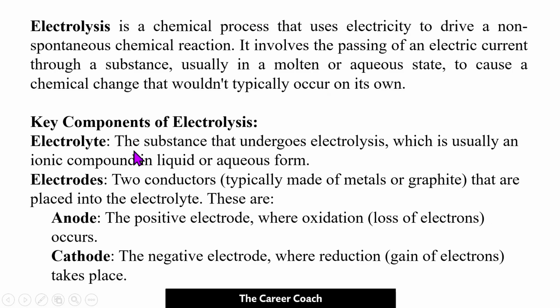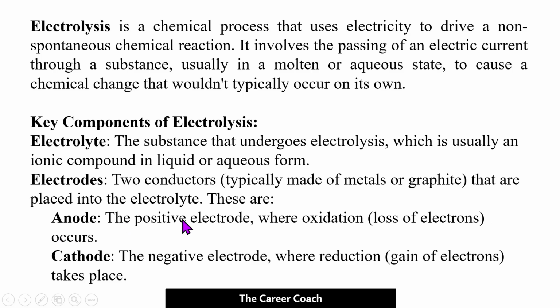Electrolyte. Electrolyte is a substance that undergoes electrolysis, which is usually an ionic compound in liquid or aqueous form. 2. Electrodes. Electrodes are two conductors, typically made of metals or graphite, that are placed into the electrolytes. These are anode and cathode. So electrodes can either be anode or cathode.